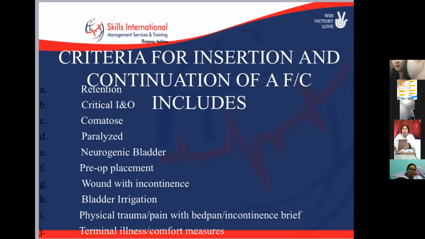And also, we have to put a Foley catheter for a person who is comatose because they are not able to help themselves get out of the bed, even to take care of themselves. So they have to put a catheter. Those persons who are paralyzed have a catheter. Those who have a neurogenic bladder, whose bladder emptying is not continuous.